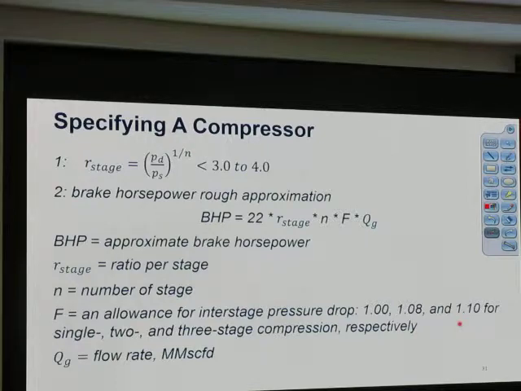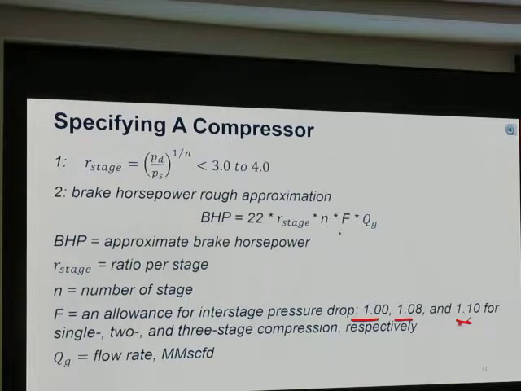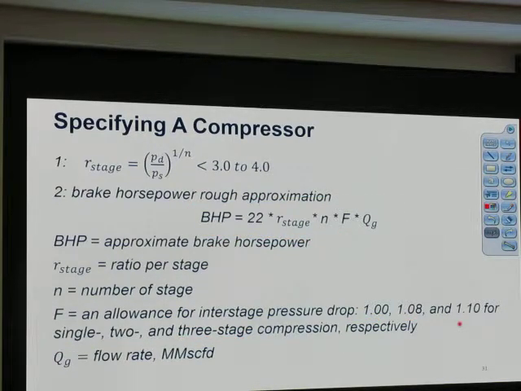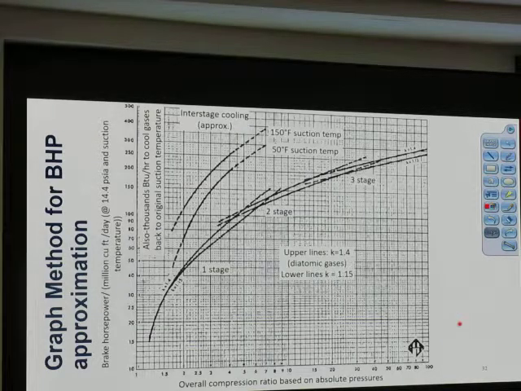Approximate horsepower to brake the crankshaft revolution, okay, or the power that it generates. F is 1, or that much, for single, 2, and 3 stage compression. Okay, if you have more stage compression, the F value changes. So this is an easy equation to use, okay? But it's not going to be as accurate as the longer one. Or we can use a chart.